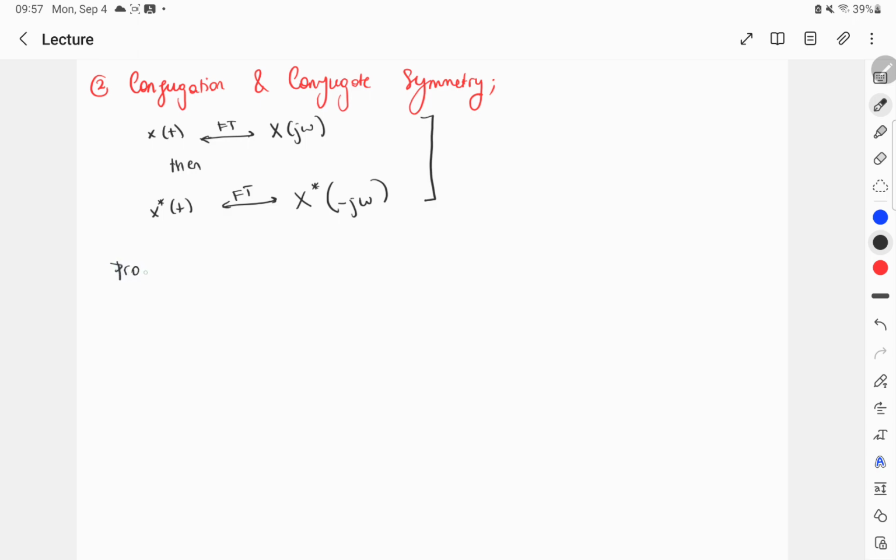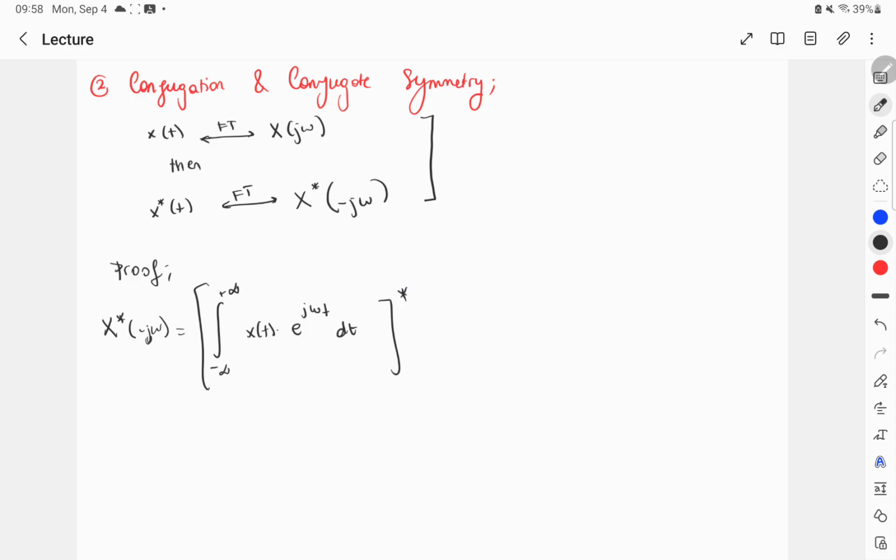And let me give you the proof of this property. X star of jw equals... now let me write X star of minus jw equals the conjugate value of this property over here, and let me write it here like this.